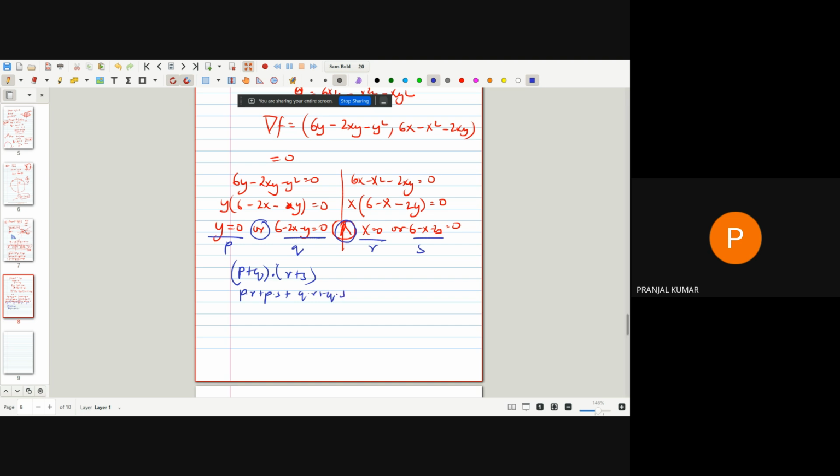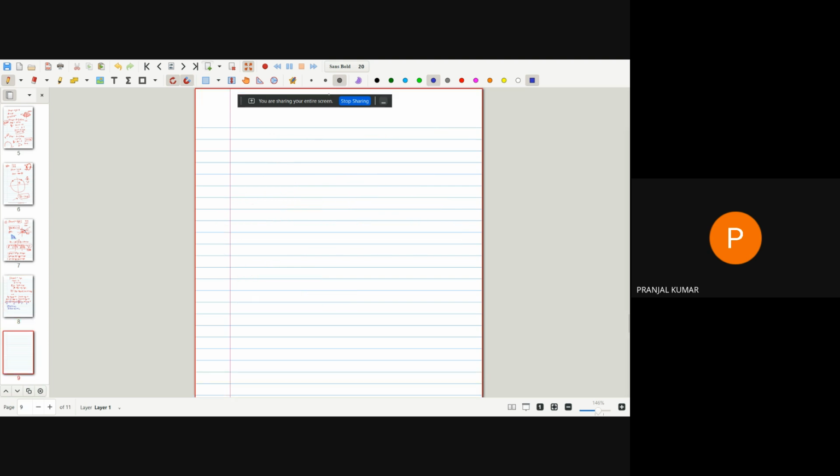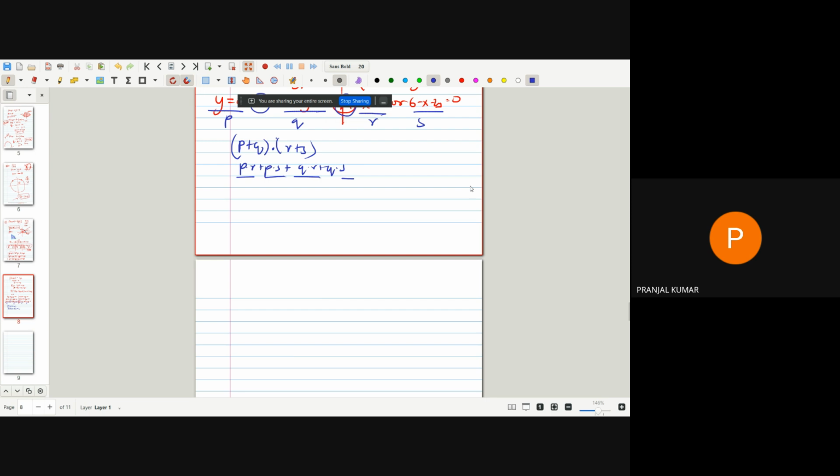Now you cannot solve it any further, so you basically have 4 cases. Clear? If anyone ever had any doubt in how we solve simultaneous equations, it might be that you were lucky till now to get the correct answer. So now you know how to form all the cases.